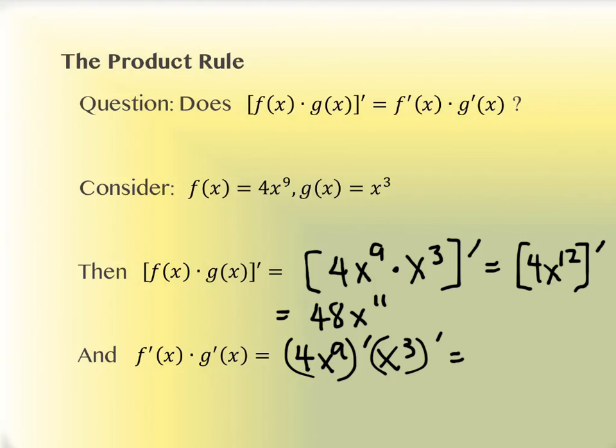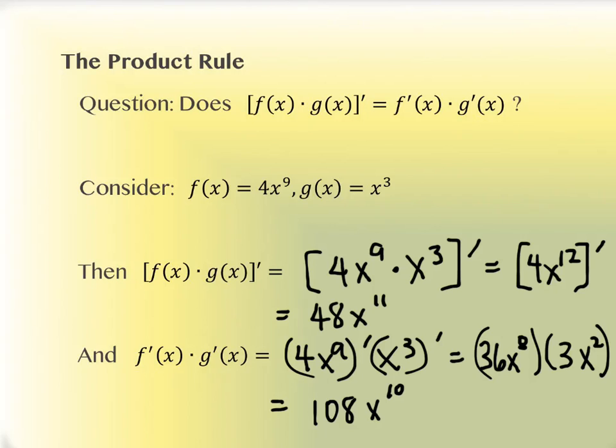That's the one you tried to tell me before. 36x to the 8th. What's the derivative of x cubed? 3x squared. Now we're going to multiply 36x to the 8th times 3x squared. And what do we get? 108x to the 10th. Are they the same?